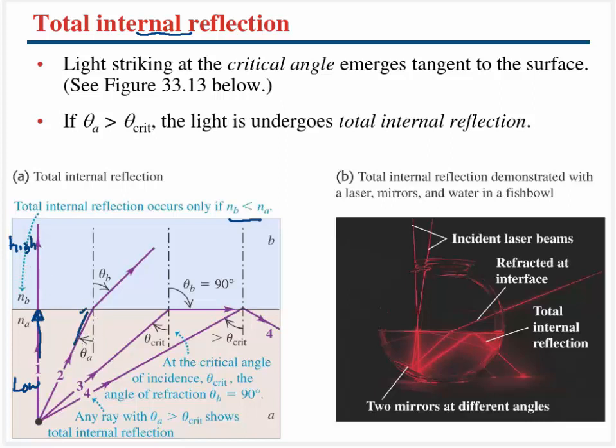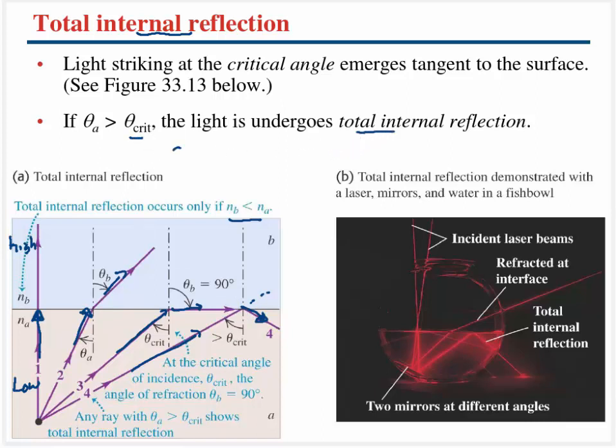Light ray number 2 is going to be bent away from the normal. Light ray number 3 is going to be bent at exactly 90 degrees, and light ray number 4 is going to be at such an angle that it cannot be refracted. It will be bounced backwards, back into the material. This angle is called the critical angle, and the light undergoes what we call total internal reflection.